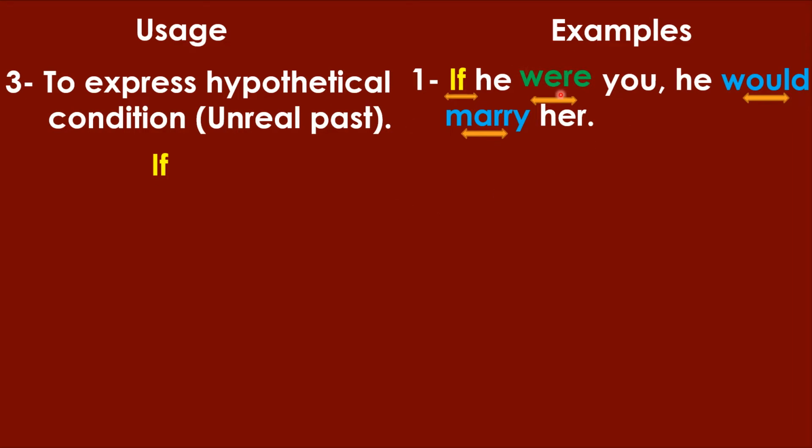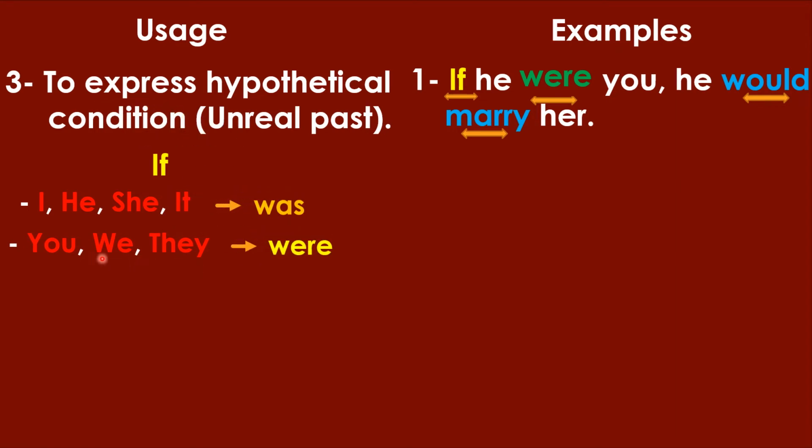هنا مش هنقول يا جماعة if he was واللي احنا بنفترض ان هي الاستخدام الصحيح في الماضي البسيط بنقول he was ما بنقولش he were. لكن هنا في الحالة دي هنقول he were. Okay? And as you all know, زي ما انتم كلكم عارفين, I, he, she and it take what? It takes was in the past simple. طبعا بتاخد was في الماضي البسيط. And you, we and they take were.